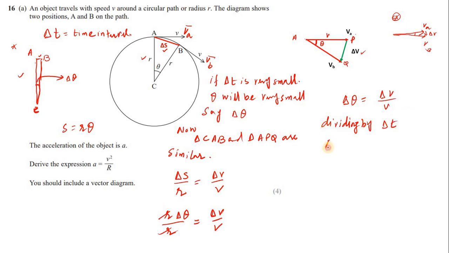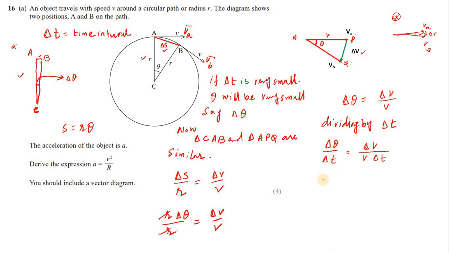So delta theta divided by delta T is equal to delta V divided by V delta T. We divide both sides of the equation by delta T.